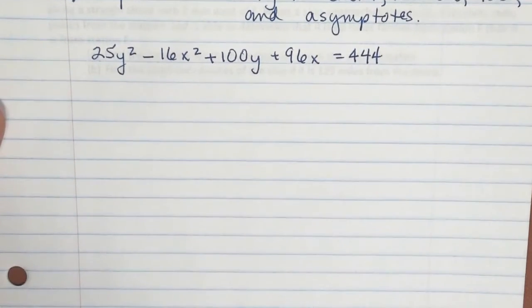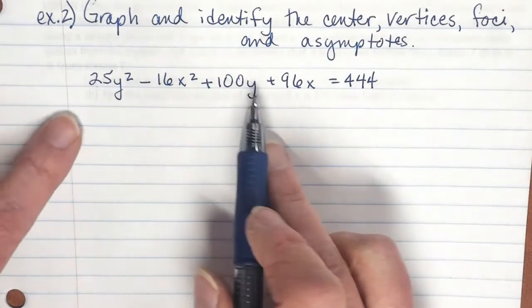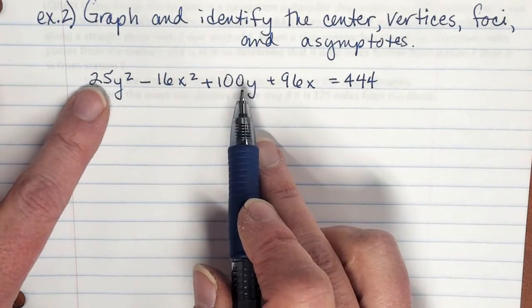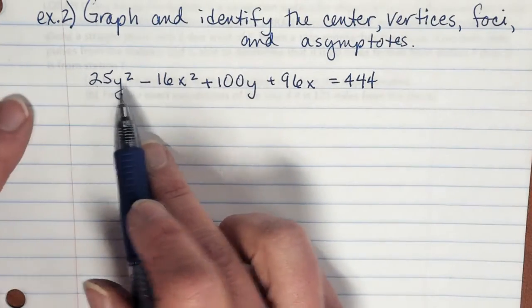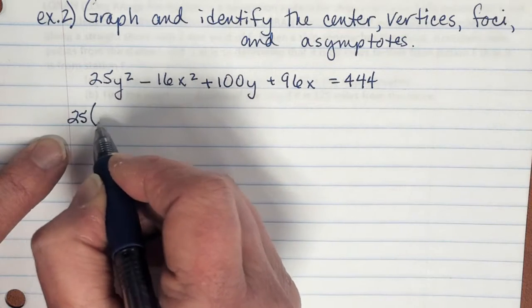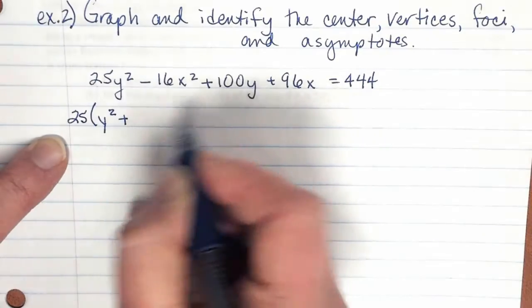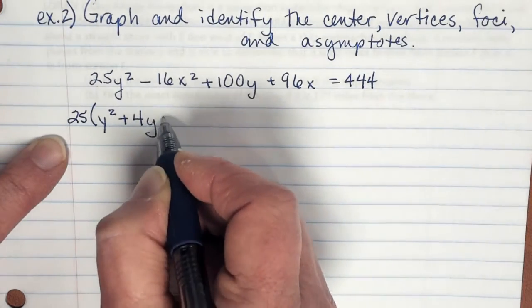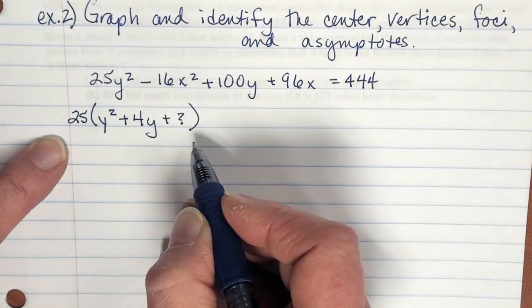So it's similar to when we did this on the ellipse. I am now going to gather my y's together, and in doing so, I'm going to factor out the coefficient of the first term, that's 25. So I'm going to have 25 times y squared plus 4y, and I'm going to add to that some number to complete that square.